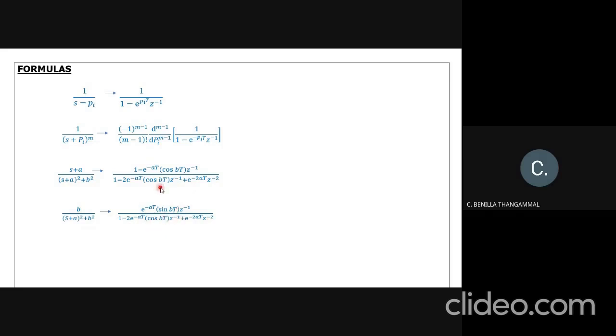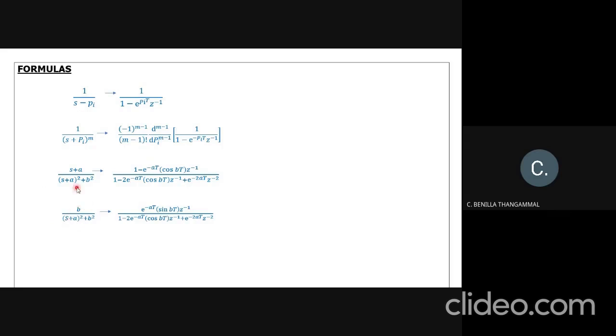So while you're reading the problem statement, after seeing your H of S, if the denominator of your H of S is factorizable, then it will fit into the first formula. Suppose the denominator is not capable of being factorized, then it will fit into either of the other two formulas. Then you have to check the numerator.